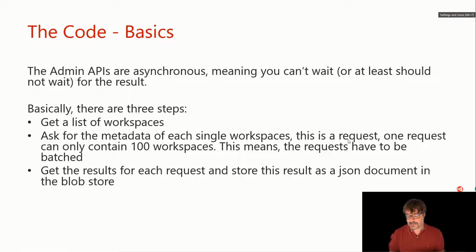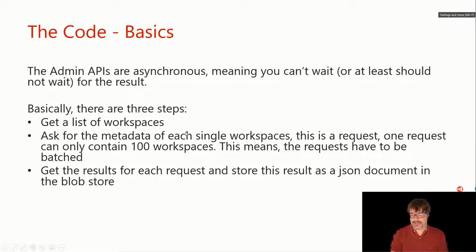One has to be aware that one request can just contain a list of 100 workspaces. My personal tiny tenant has almost around 70 workspaces, just because I'm creating a workspace for every single report that I'm developing for fun.